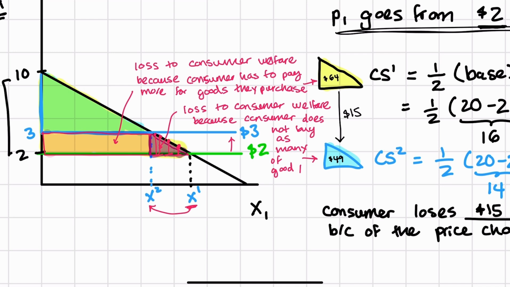And by that I mean the price was no longer under the maximum willingness to pay for those units, and so the consumer no longer bought those units, and so this triangle here represents the loss to consumer welfare because the price went up, and all of these units were no longer purchased by the consumer.